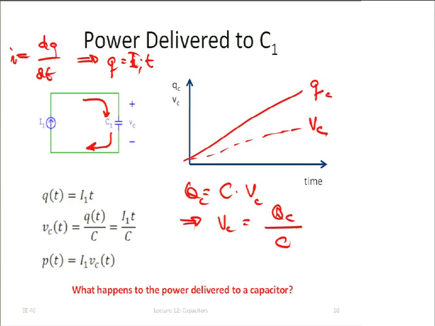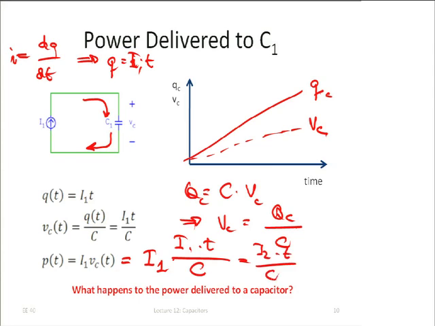That's I1 times... but what is the voltage? Well, that happens to be I1 times T over C. It's the charge over capacitance, and the charge is I times T, which is calculated. So the power is actually I squared T over C. Okay?